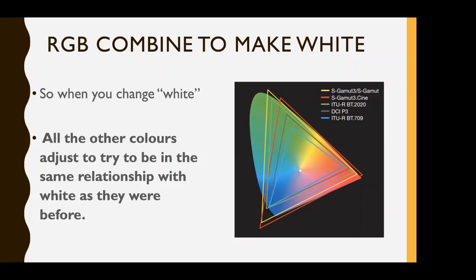In the days of film, you didn't do this, because the way the film responded to white was fixed, baked into the film. The only way you could fix this was later on in the processing, when you developed the film and made changes in the developing to move the white to the right spot. Because it took different amounts of time to get different colors to develop, that was called color timing.